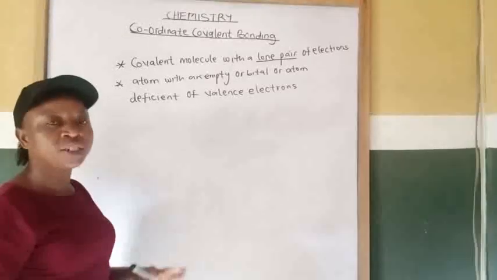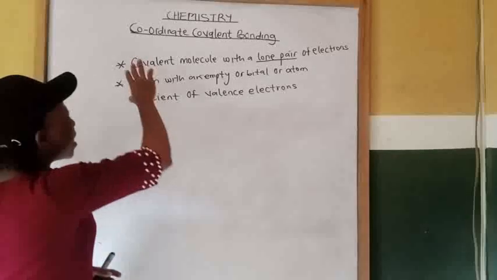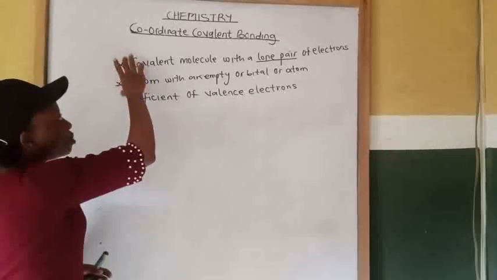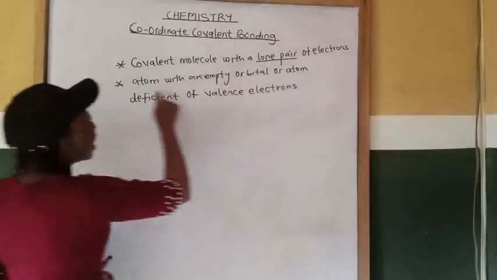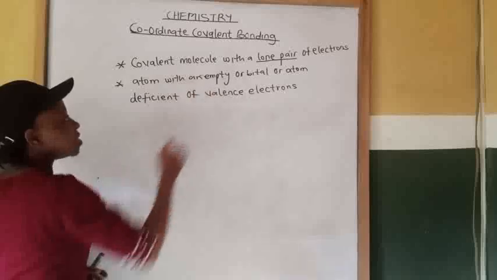Another example on coordinate covalent bonding. So let's define coordinate covalent bonding from these two points. Number one, it has to do with a lone pair of electrons and another atom with an empty orbital.